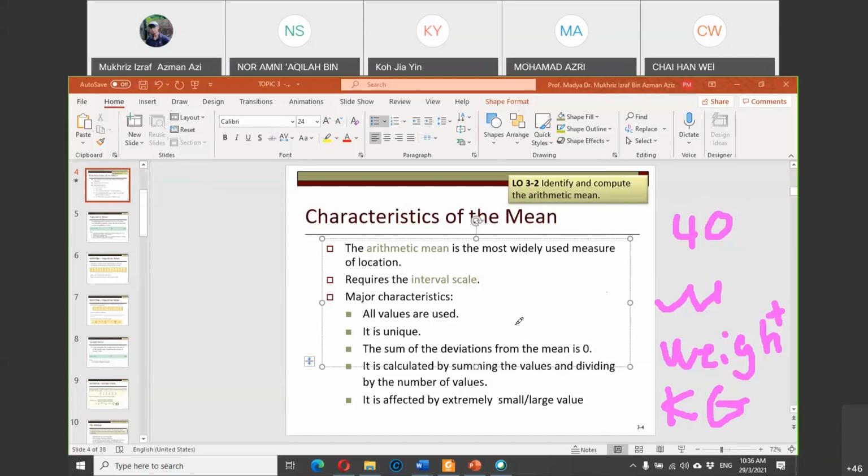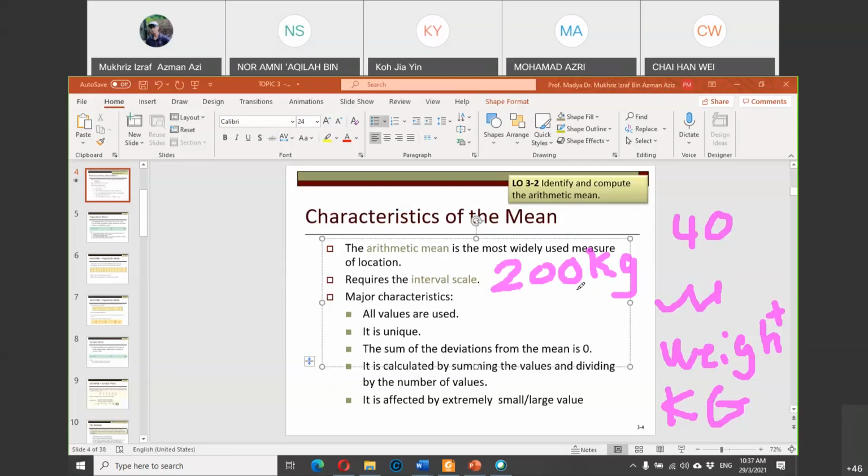But let's say in that particular class, there is one student whose weight is extremely big. Let's say his weight is 200 kilograms. Maybe he used to play sumo in Japan. Let's say he is a foreign or exchange student that comes to UM only for one semester.